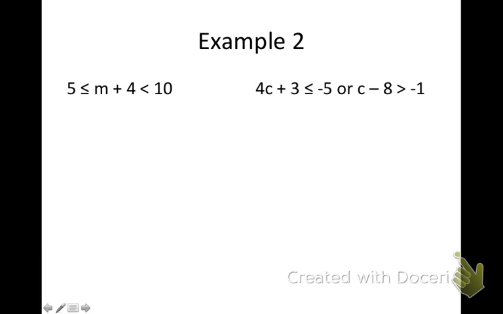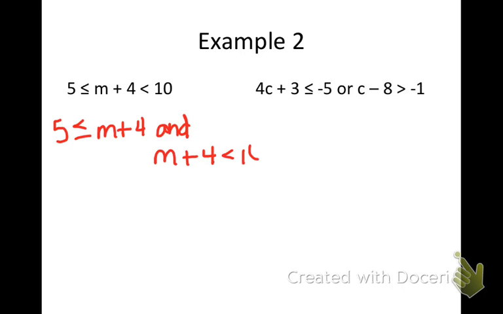So to solve a compound inequality, you want to basically look at each side. So this reading left to right says 5 is less than or equal to m plus 4, which is less than 10. So we have two things to solve here. We have 5 is less than or equal to m plus 4, and m plus 4 is less than 10.